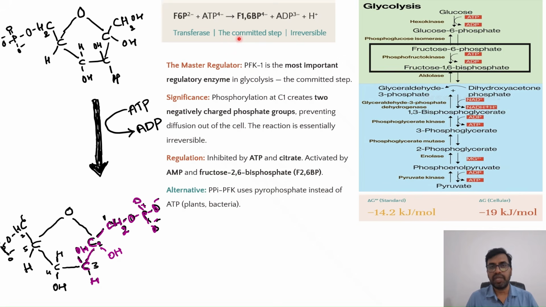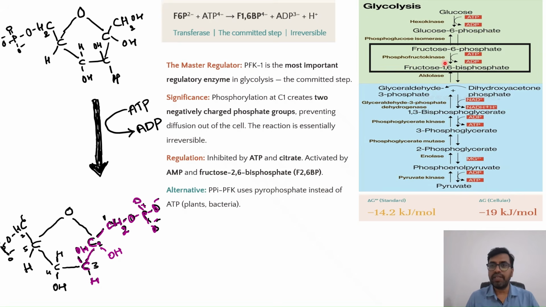Once this particular step happens, there is no other chance that it can come back, and this reaction is highly irreversible. Now, why is it called a committed step? If you see here, glucose 6-phosphate can enter other pathways also. Glucose 6-phosphate can enter into the synthesis of glycogen, into the HMP pathway, or even into the glucuronate pathway.